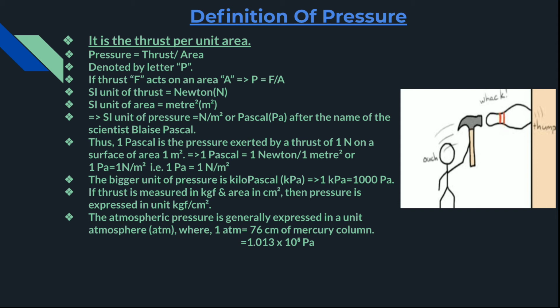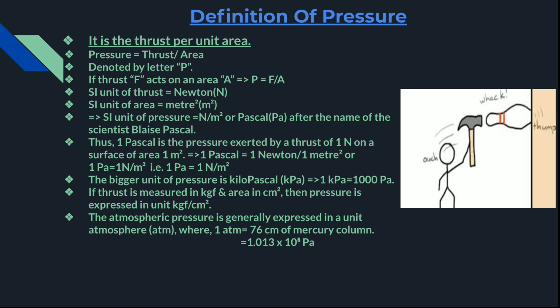Atmospheric pressure is generally expressed in the unit atmosphere, that is ATM, where 1 ATM is equal to 76 centimeter of mercury column, or 1.013 into 10 to the power 5 pascals.